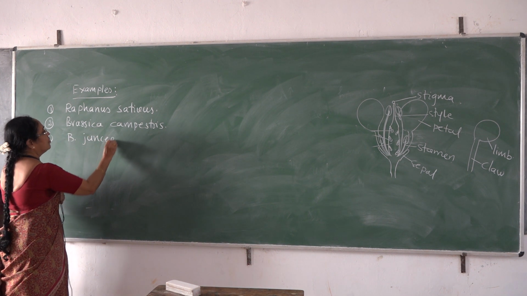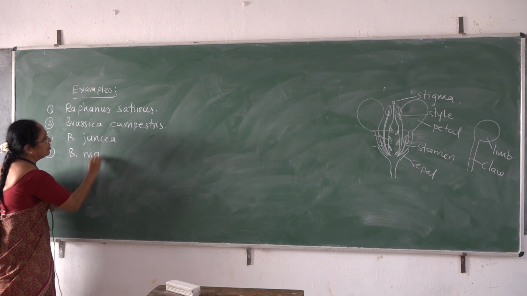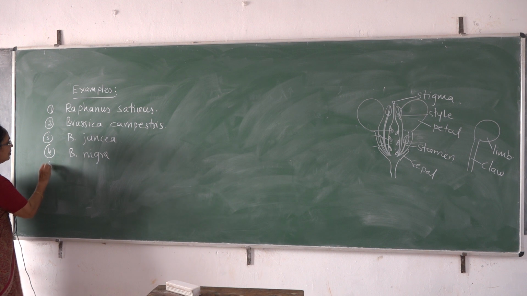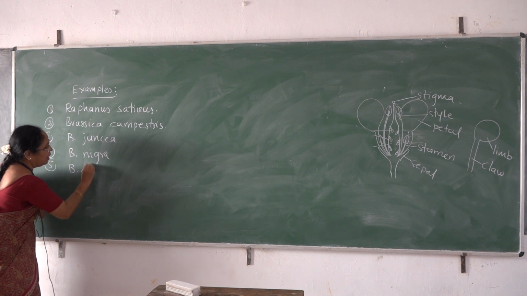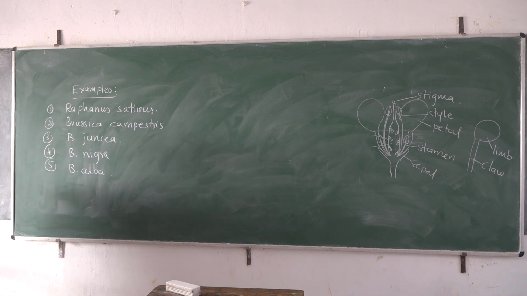Brassica juncea, Brassica nigra, Brassica alba. So here, see the name begins with Brassica.